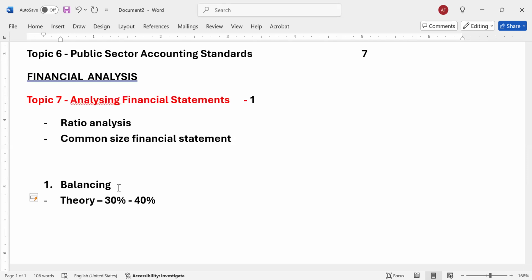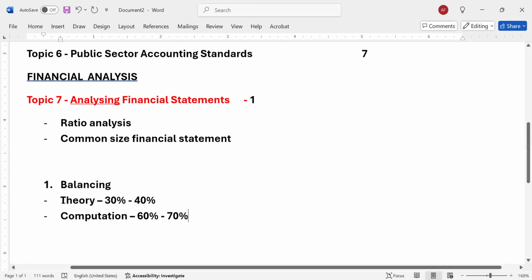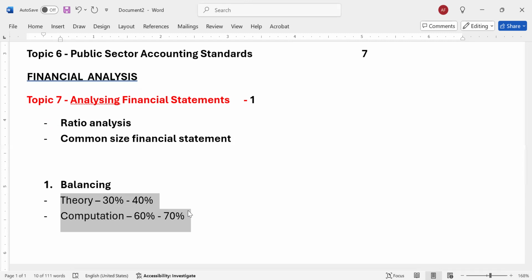For the computation part, it will entail 60 to 70%. That will make the theory part a must-know area.